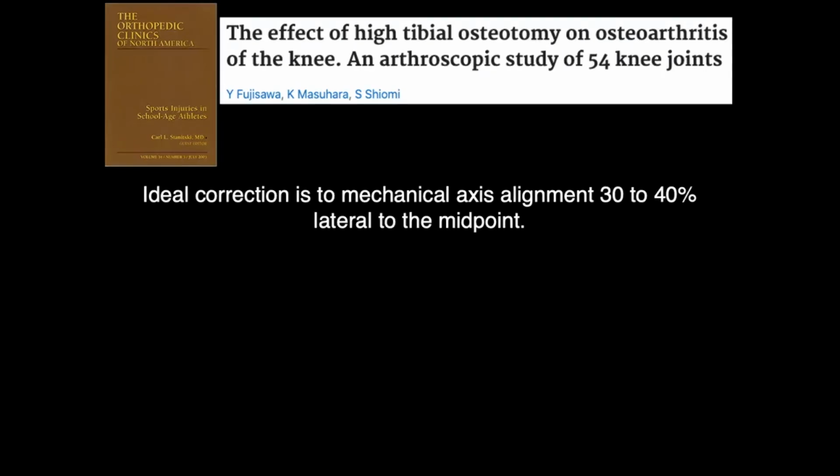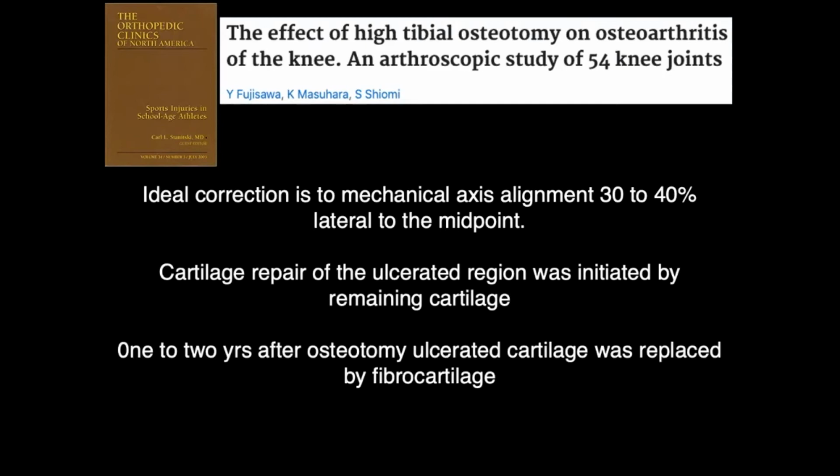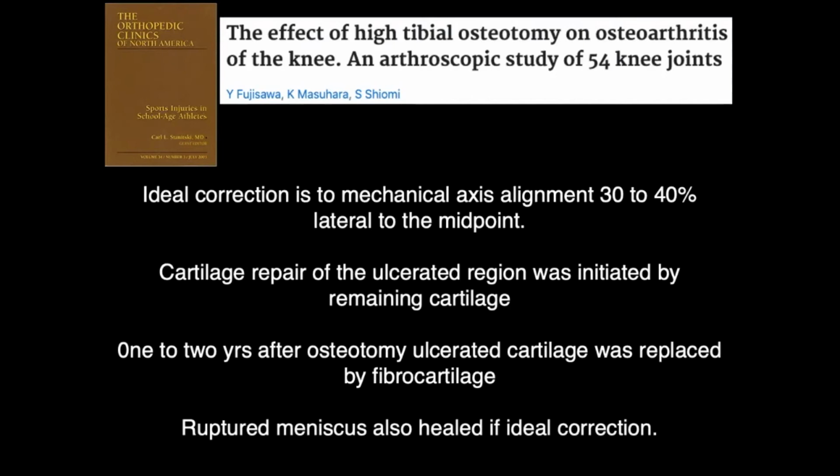Those are: ideal correction of mechanical axis alignment to 30 to 40% lateral to midpoint is ideal, and cartilage repair of ulcerated region was initiated by remaining cartilages if the alignment was proper. Then 1 or 2 years after the osteotomy, ulcerated cartilage was replaced by fibrocartilage, and ruptured meniscus also healed if the correction is ideal.